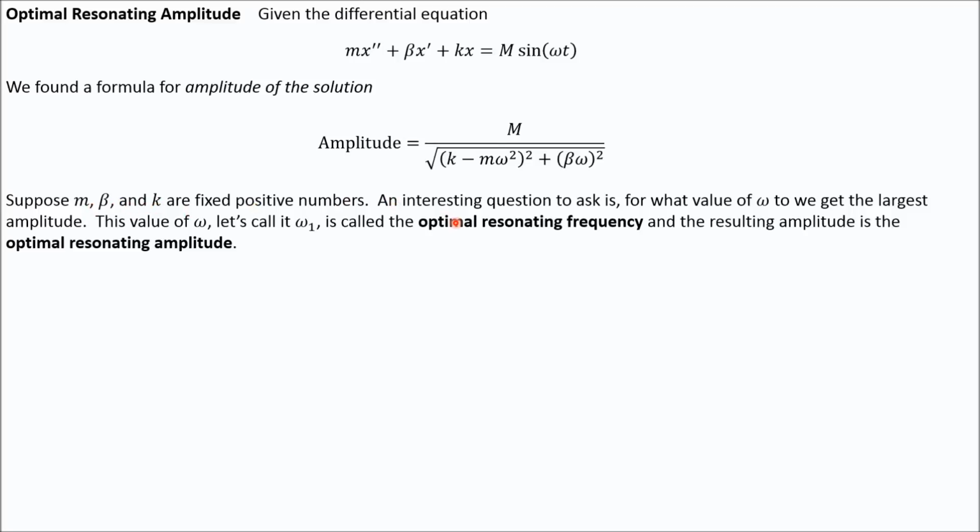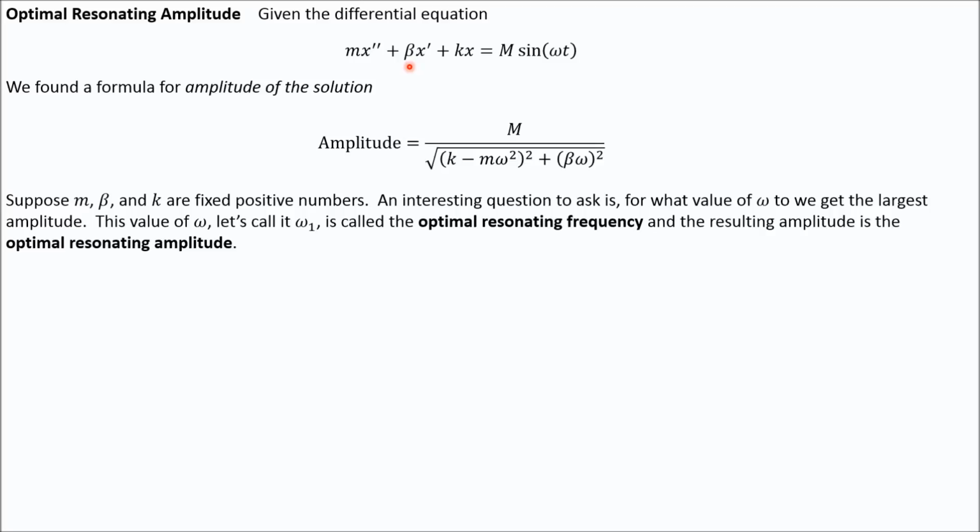And then I ask the question, for what value of omega, that's the frequency of the forcing function, do we get the largest amplitude? If we call that value omega 1, it's called the optimal resonating frequency, and the resulting amplitude is the optimal resonating amplitude.